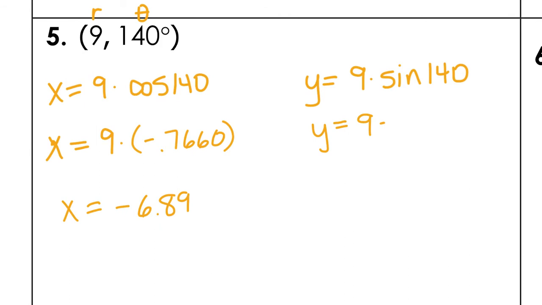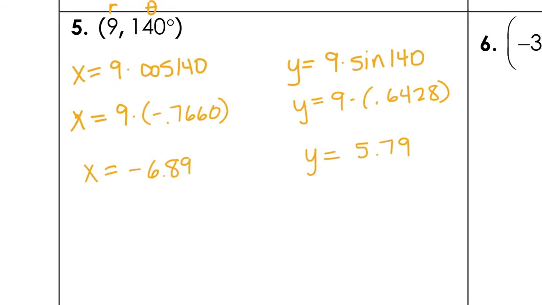So that is positive 0.6428. And then when I multiply by 9, that is 5.79. Okay, so those are my x and y coordinates to go with that polar coordinate. So negative 6.89, comma, 5.79.